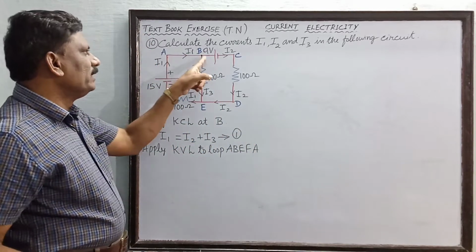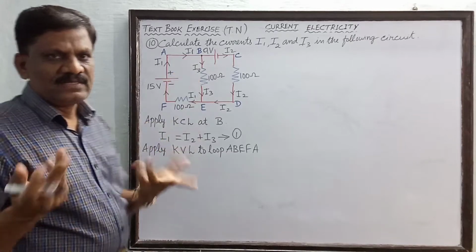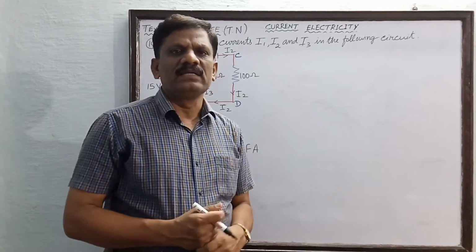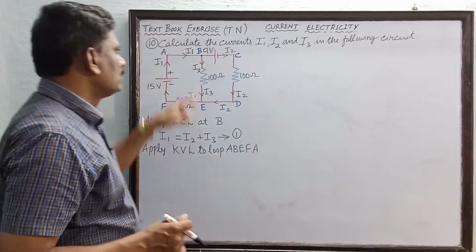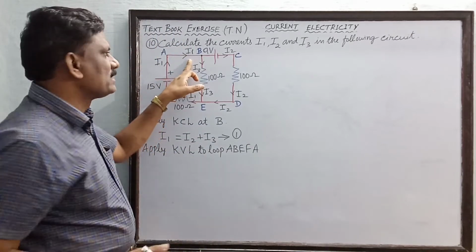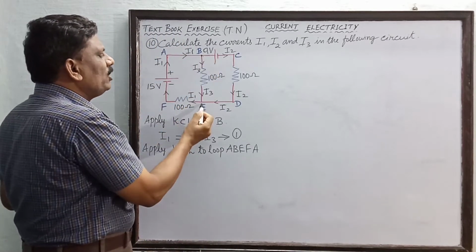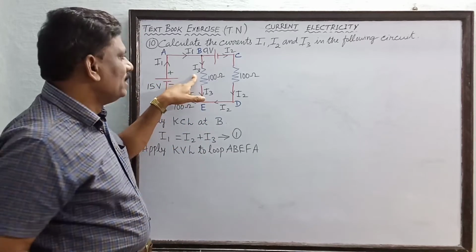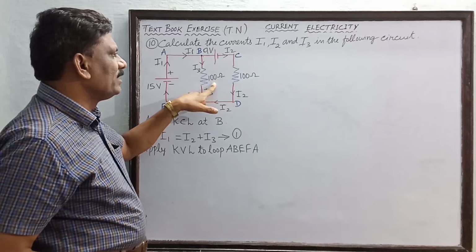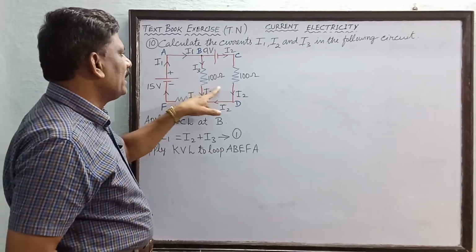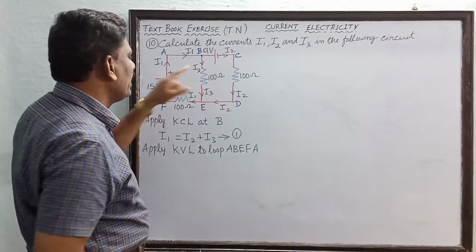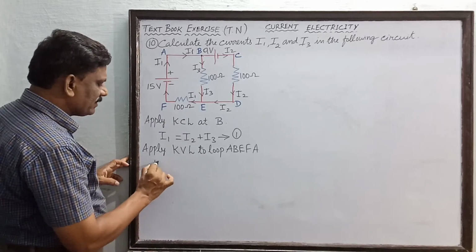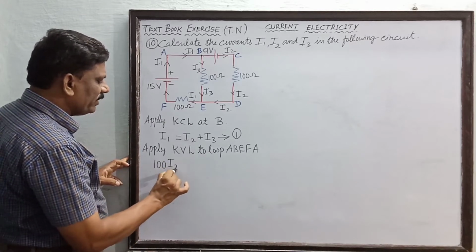Now A to B, there is no resistor, so there is no IR product. The current I1 is flowing, but there is no resistance. Now in the branch B to E, the current flowing is I3, and the resistance in that path is 100. Therefore the IR product is 100 into I3. So I will write like this, 100 I3.